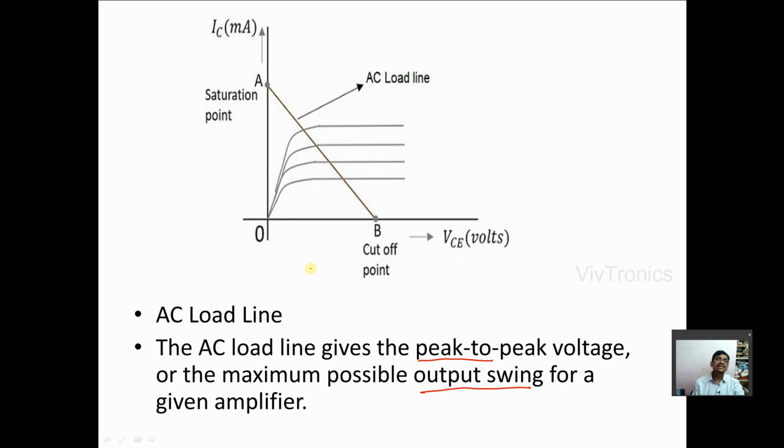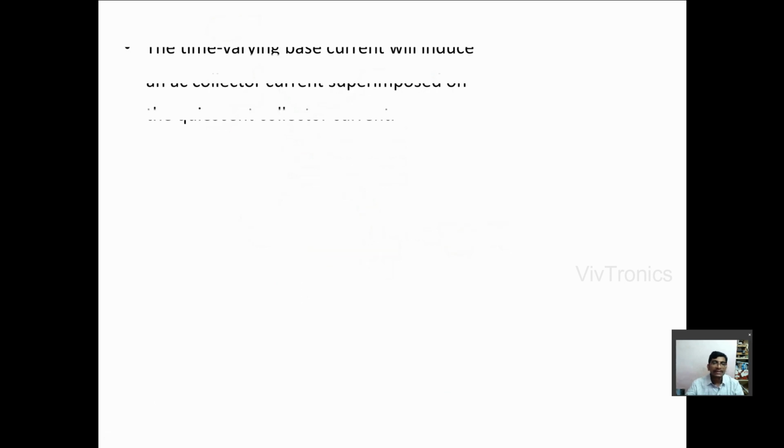After application of an AC signal, we get the AC load line. The AC load line gives you the maximum peak to peak swing of the AC output voltage.